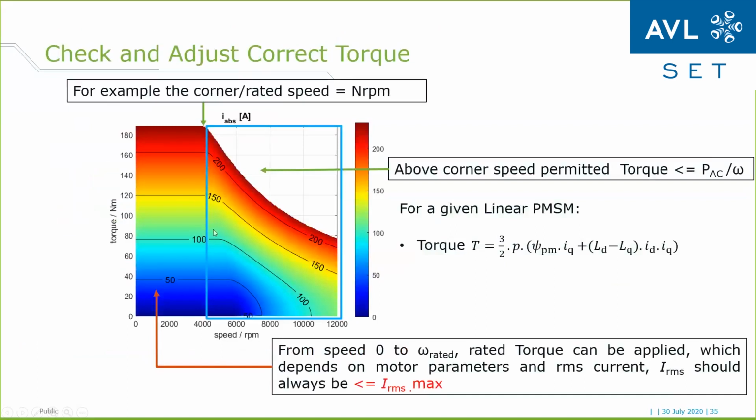Up to the corner frequency, one can achieve the rated torque, but one has to keep in mind the maximum RMS current is well below the maximum limit set, which is preset. Additionally, above the corner speed, the torque should be less than or equal to the total power divided by the speed of operation at that instance.